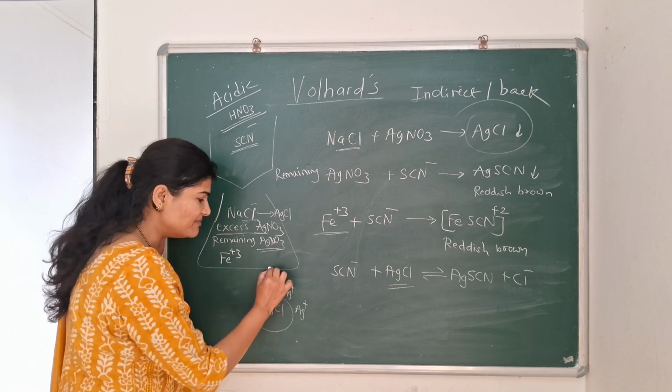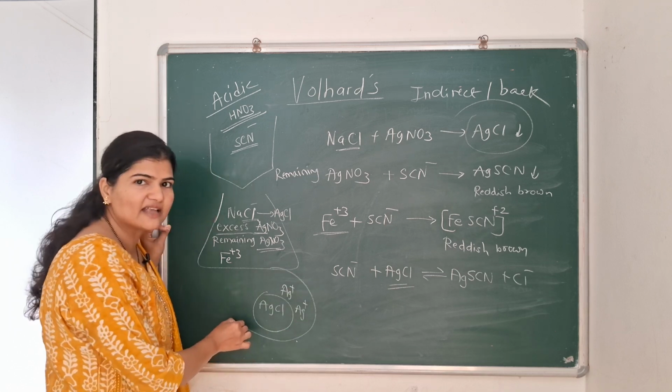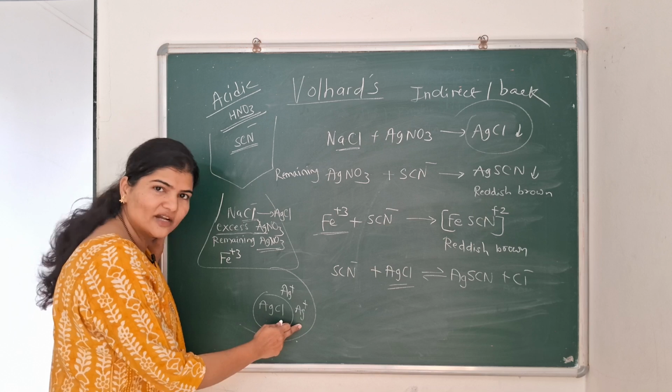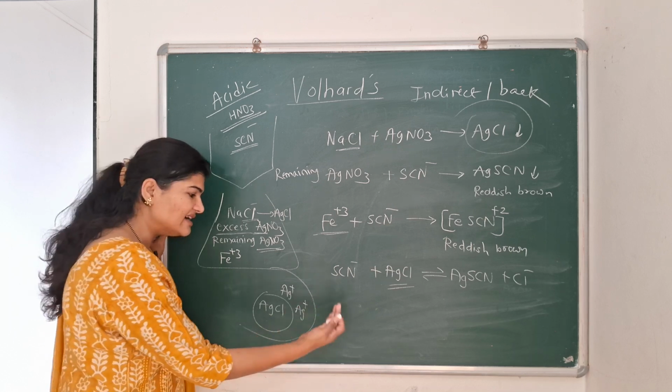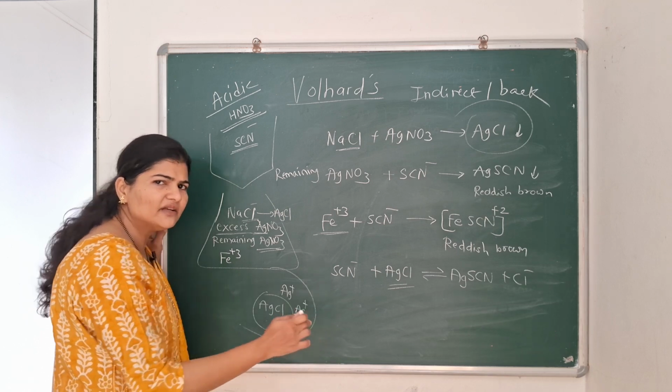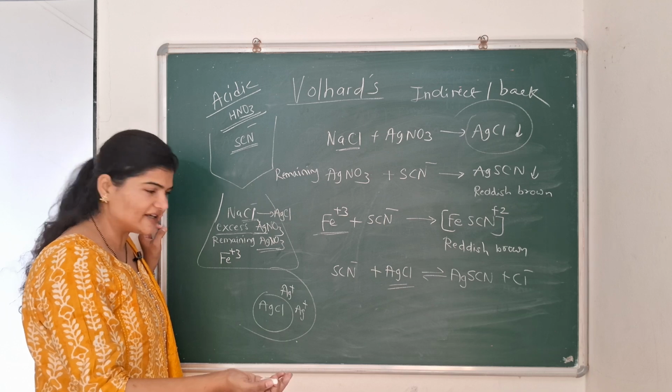So this AgCl PPT adsorbs the Ag plus ions and they in turn adsorb the oppositely charged ion. This layer is called the primary adsorption layer, and another layer which it will adsorb, a negatively charged layer, will be called the secondary adsorption layer.